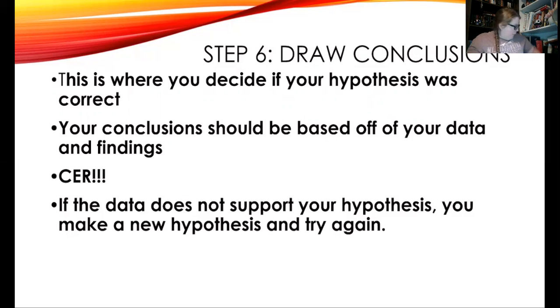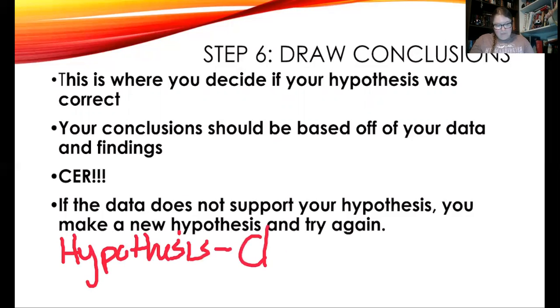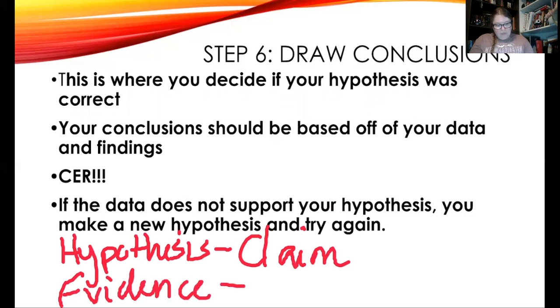So let's see if I can get my Apple Pen to work. What I should see in your conclusion is a hypothesis for my claim, then evidence. This should be data.